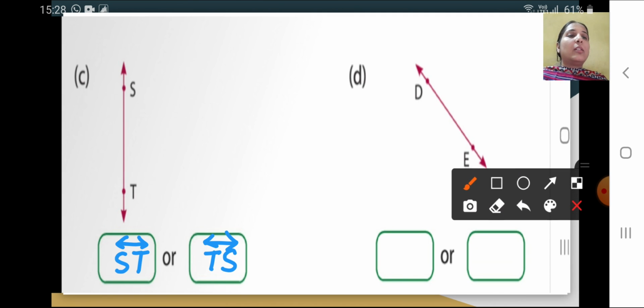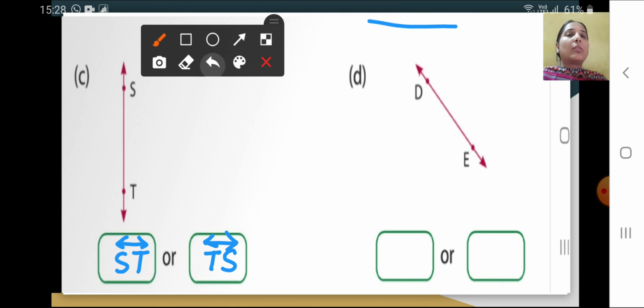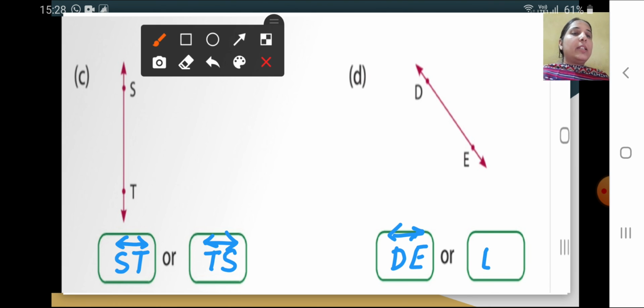Got it? Now question number D. How will we name this one? Now I'm sure you will be able to do this on your own, isn't it? So we will name it as line DE or line ED.